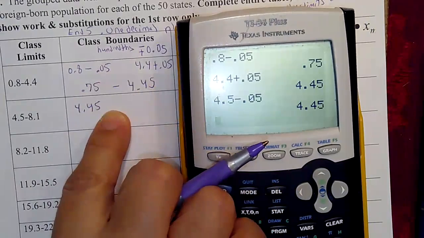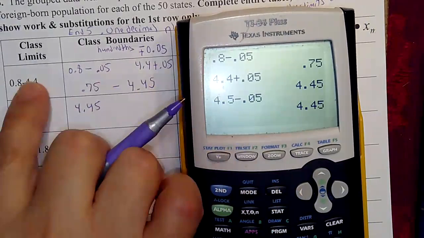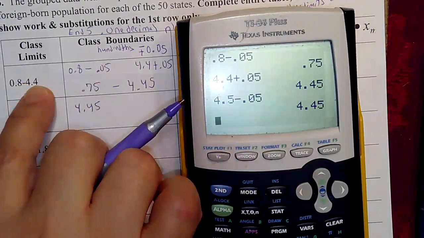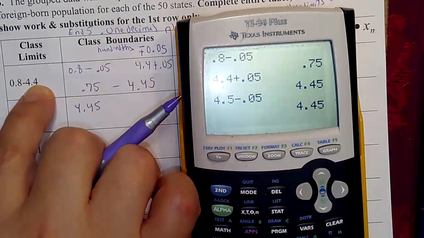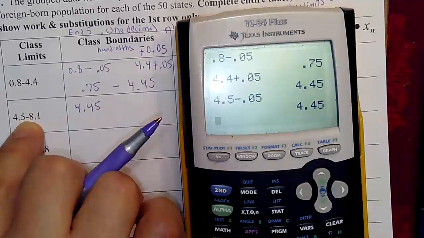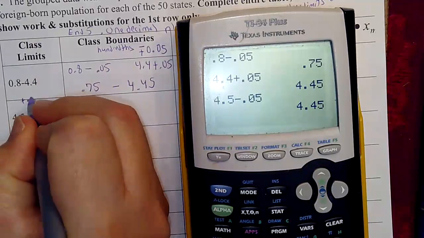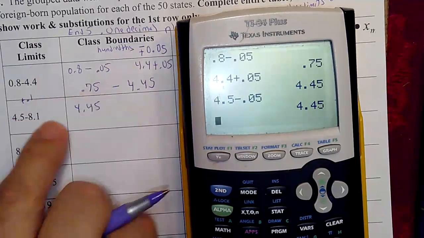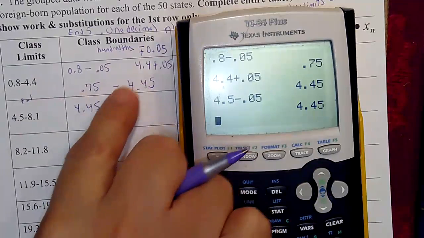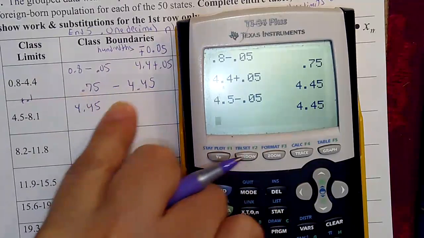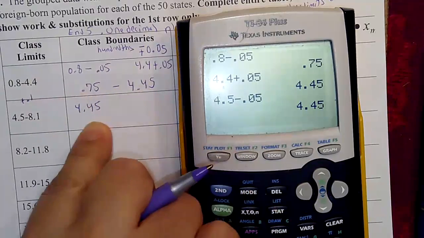That doesn't happen on the class limits, where it's a form of 1 increase: 4.4, 4.5, a plus 0.1. But on class boundaries, these are identical. So you remember that, that saves you time.